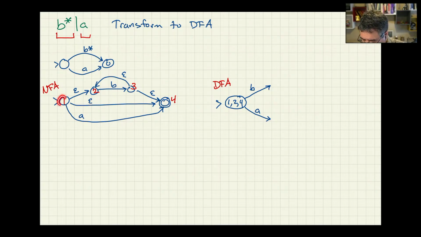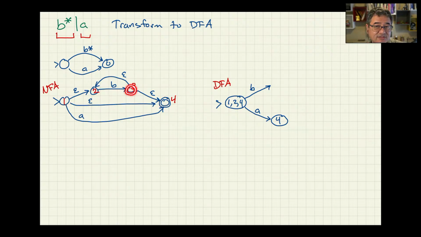Where does the A go? So if I'm 1, 2, and 4, and I follow the A, I'm going to end up in 4. So I'll write that down. And then if I follow the B out of 1, 2, and 4, I'm going to follow it, and I'm going to end up in 3.